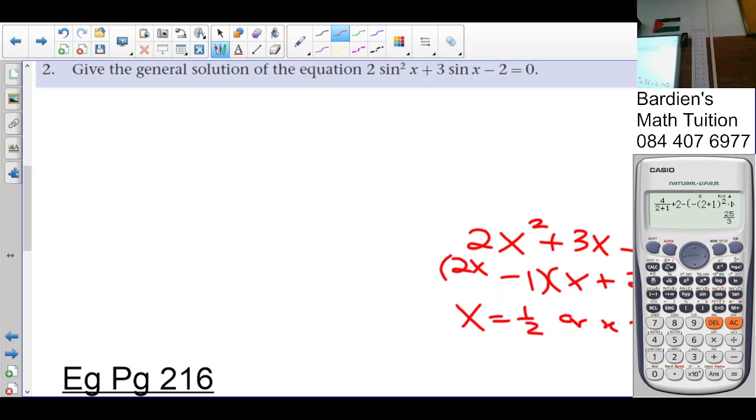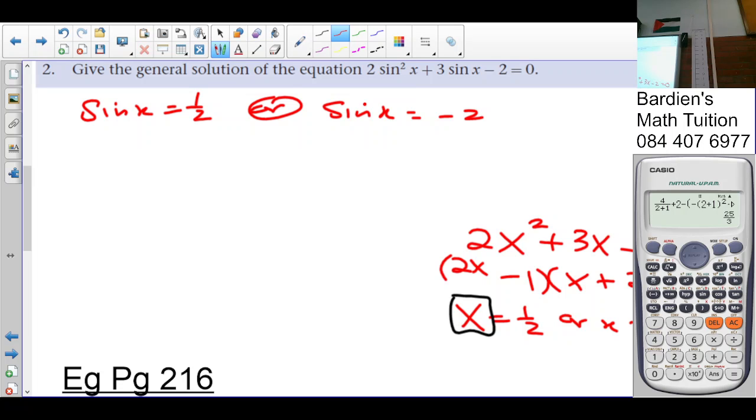If you have gone this route here and replaced sine x with an x, or cos with a y, whatever, you go straight into the fact that what was x? Sine. So you say sine x is equal to half, or sine x is equal to negative 2.